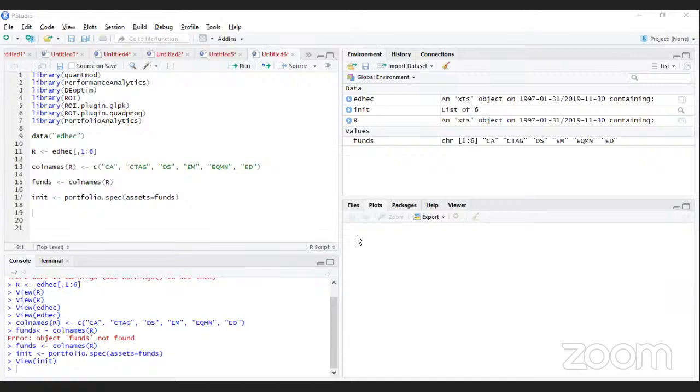One is your weight sum, another is your box. If you want to call box once more, we can call it. Box is one of your most used constraints that we use in our data set.